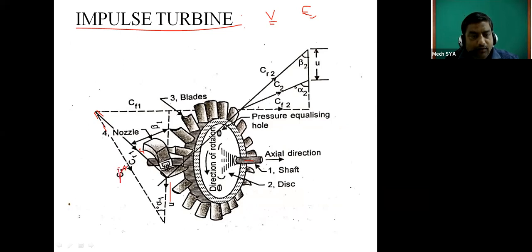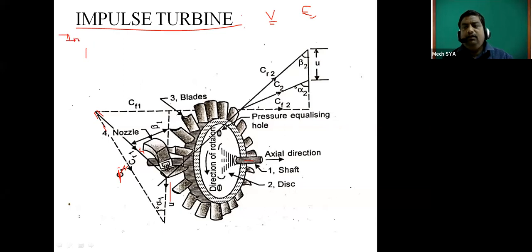Don't consider this as C1; this is CR1 and this is C1. This difference is called the relative velocity. Now here suffix 1 is used for the inlet velocity triangle. What are the components of velocity at the inlet?